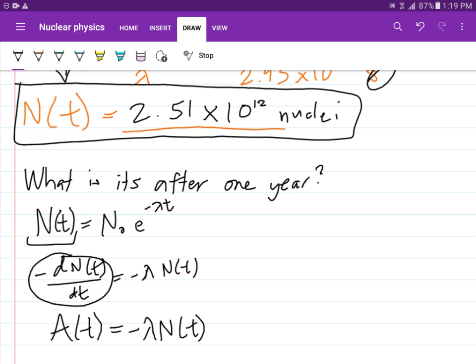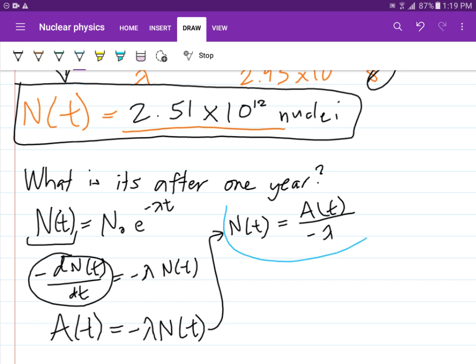So let's express N(t) as A(t) over minus lambda. Let's put this back in this equation.